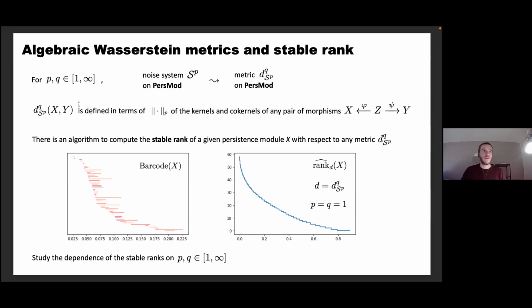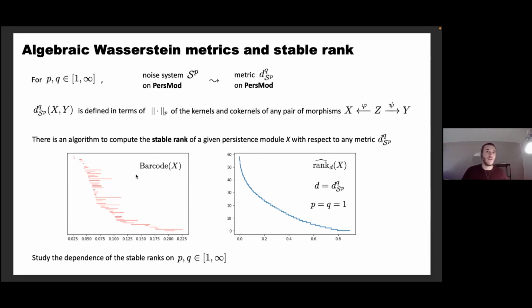And these metrics are defined in terms of this P norm of the kernels and cokernels of any pair of morphisms from any persistence module Z to the fixed persistence modules X and Y. And we have an algorithm to compute the stable ranks with respect to this family of algebraic Wasserstein metrics.